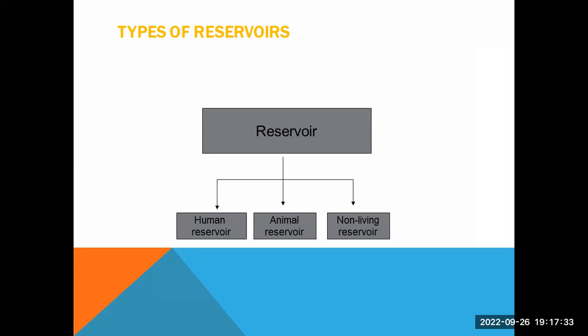We also have the animal reservoir, and this is called the zoonotic diseases. Per se, we have brucellosis, anthrax, and other infectious diseases where the reservoir is the animal. And sometimes we even have the non-living reservoir, which is the environment. This can be plant, soil, or even water.